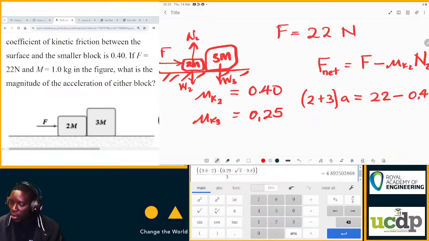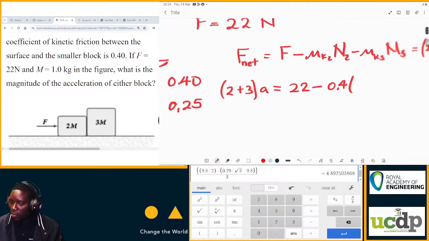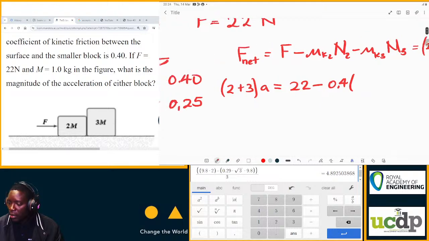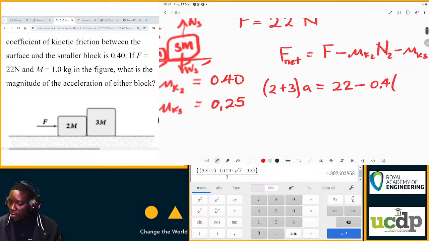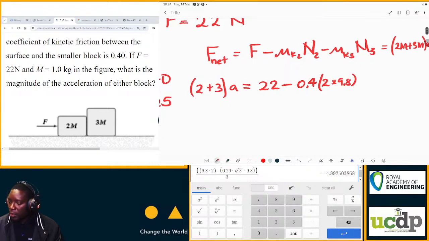The weight due to 3 will be equivalent to the normal due to 3. So 0.4 multiplied by the weight, 2 kg times 9.8, minus 0.25 multiplied by 3 kg times 9.8.